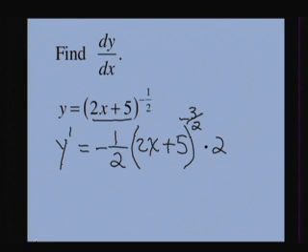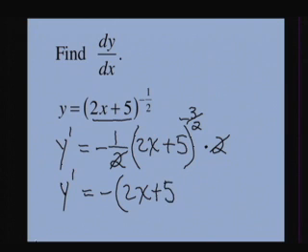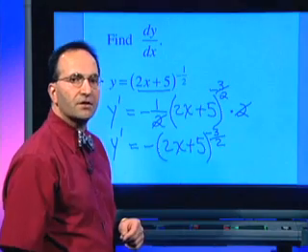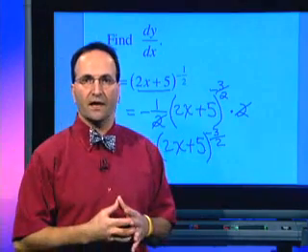Let's simplify that a little bit, and we get y prime equals, the 2 cancels, and we have negative (2x plus 5) raised to the negative 3/2 power. And that's the answer to the problem that you just worked on.